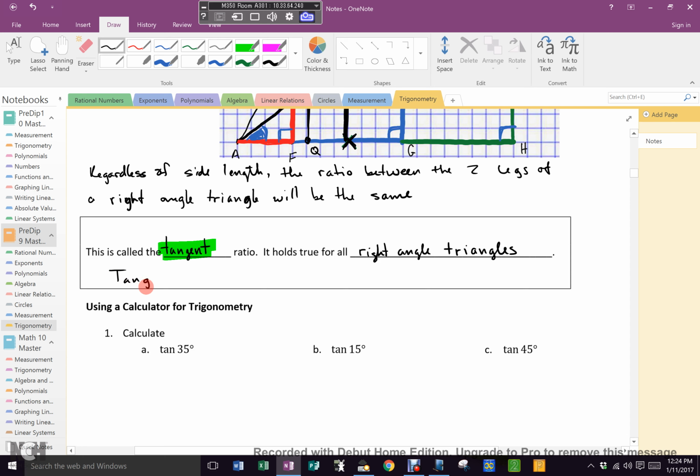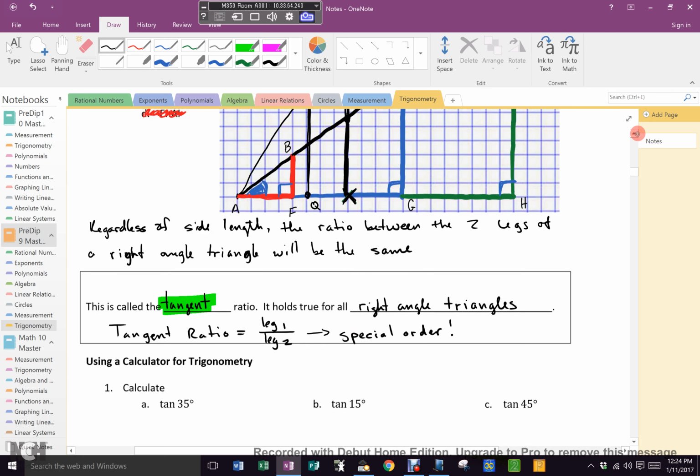The tangent ratio equals leg 1 divided by leg 2. Okay? You take the 2 and you divide them. Now, there's a warning here. It has to be done in a special order, which we're going to talk about in a minute.